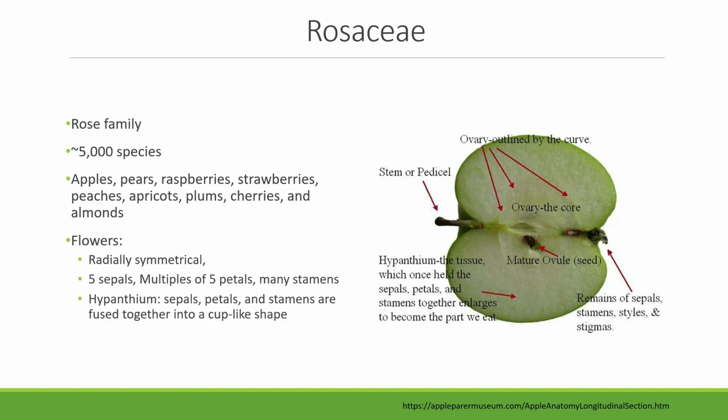This fusion explains why the core of the apple sits inside what used to be the ovary, while the fleshy part develops partly from the hypanthium. So all of this fleshy section here, which kind of makes a C around the ovary core, is from the hypanthium.